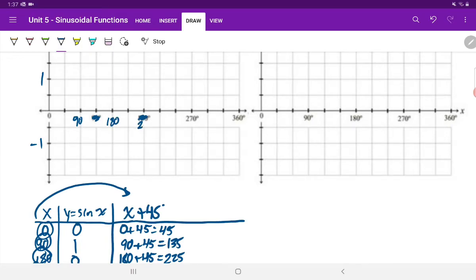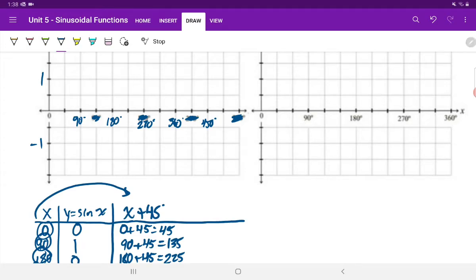Here you're going to have your 270. Here you're going to have your 360. Here you'll have your 450. Okay, and we can stop there. So I changed the scale up a little bit.